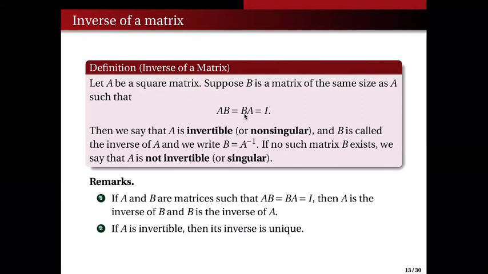If we calculate the product BA, it must also be equal to the identity matrix. So we have to check both of them.